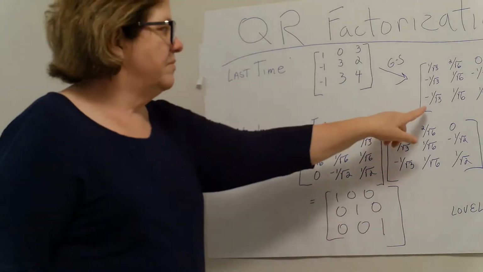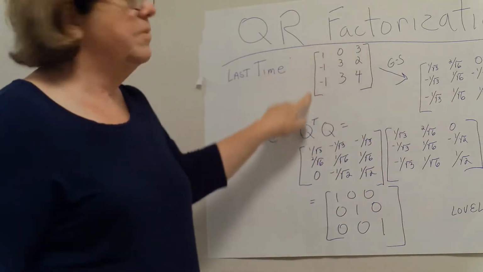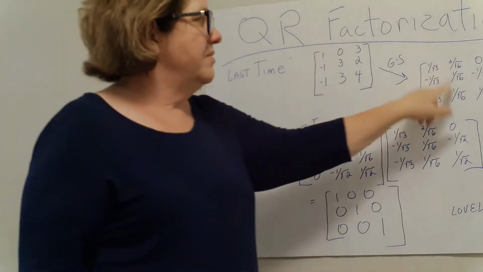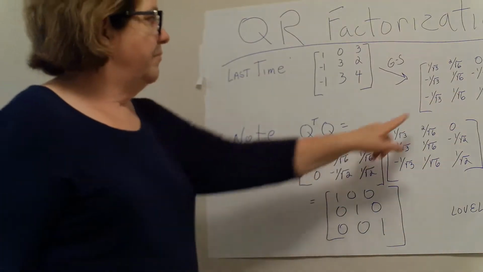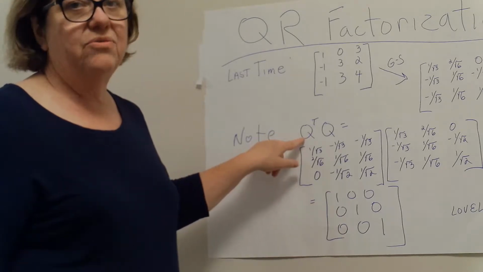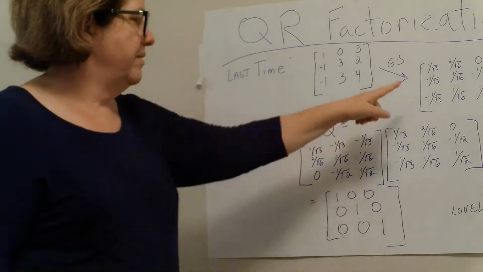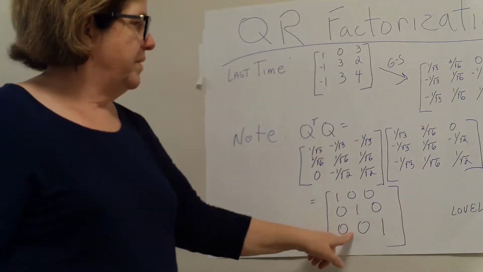Now notice, let's say this is the matrix A with the 3 column vectors. Let's call this matrix Q. If I take this matrix and multiply Q transpose times Q, so I write Q transpose, here's Q, multiply them.